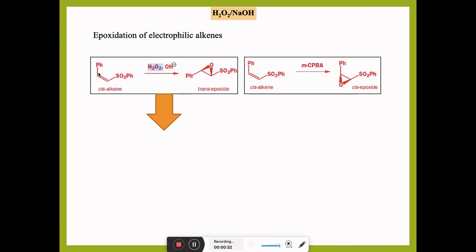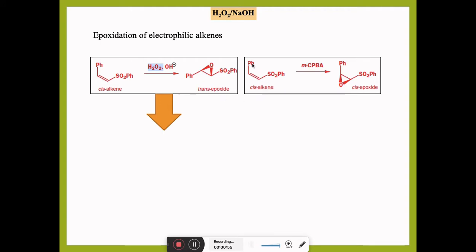On one side the olefin is attached to a Ph and on the other side to SO2Ph. So when the hydrogen peroxide and NaOH adds on, you will get an epoxide which is trans.